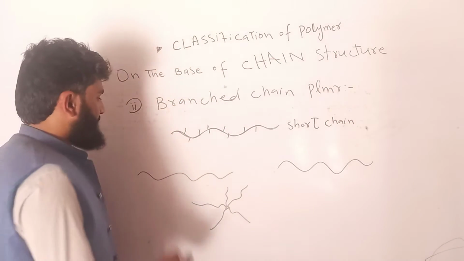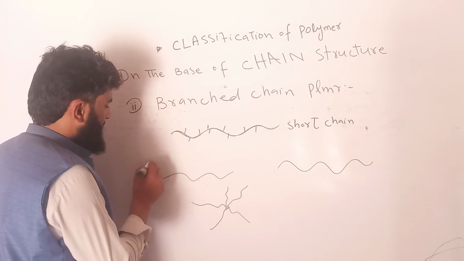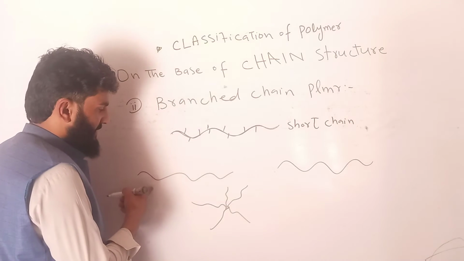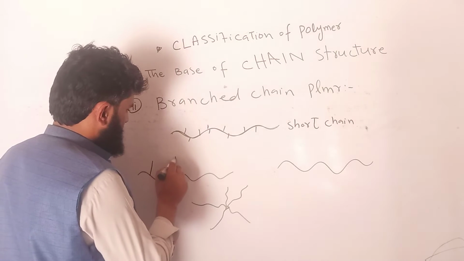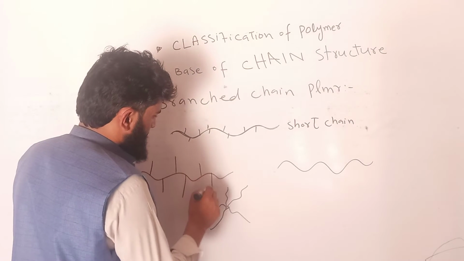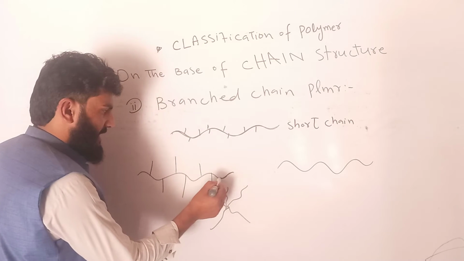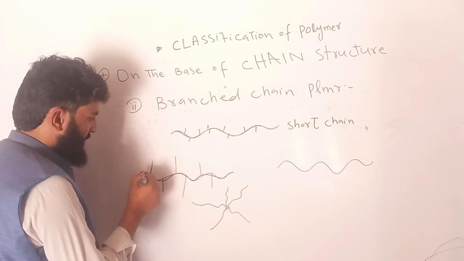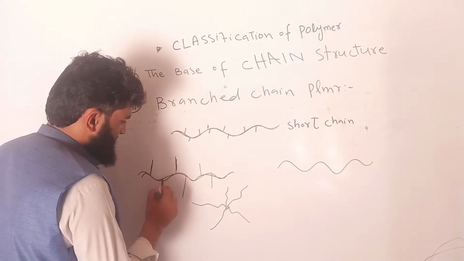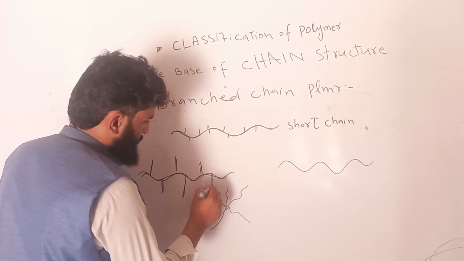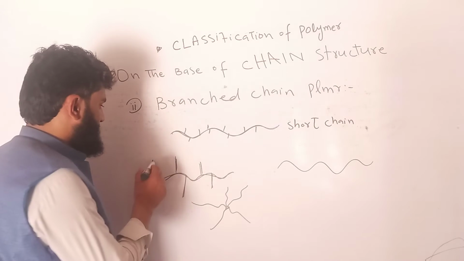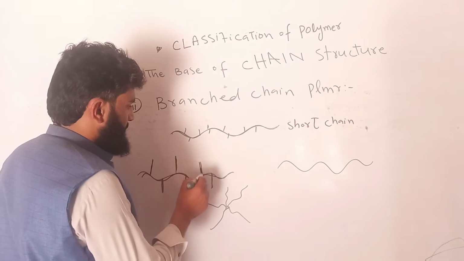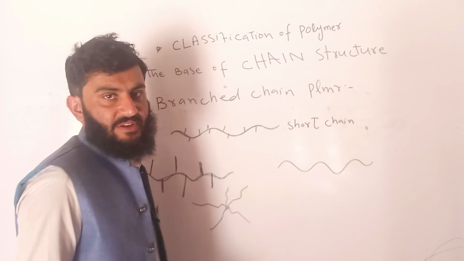clear? Here you can see, for example, here is a polymer, this is a backbone, and you can see these are some branches, clear? The length of the branch is very high.